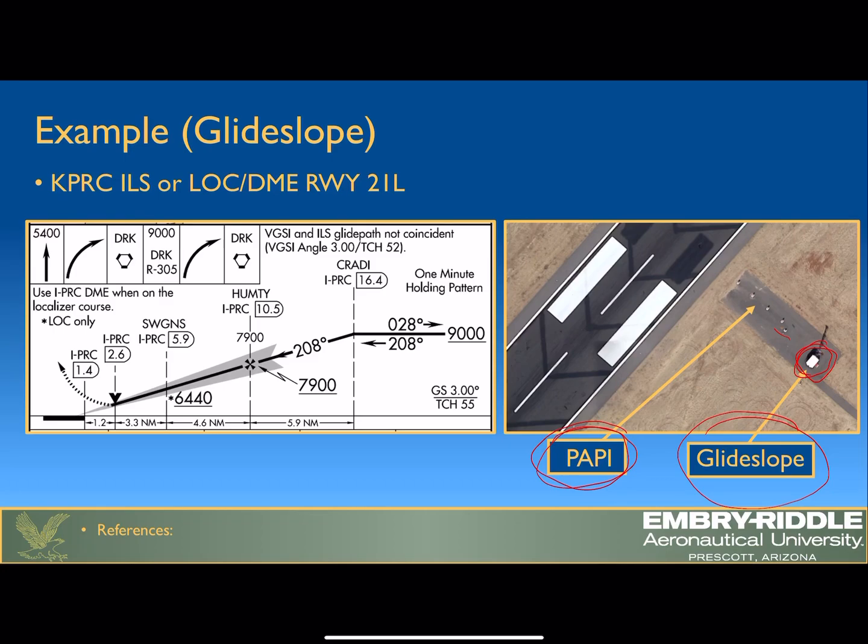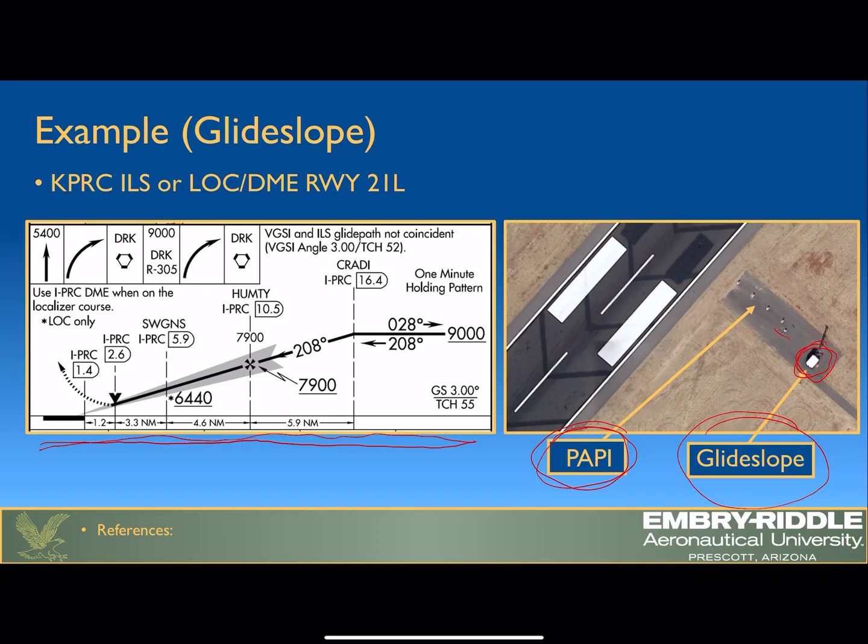Now, what we're looking at over on the left-hand side is also associated with the approach plate. So if you look at an approach plate, this is a part of it. You would see a couple of different sections. They always give an overhead view and a side view.